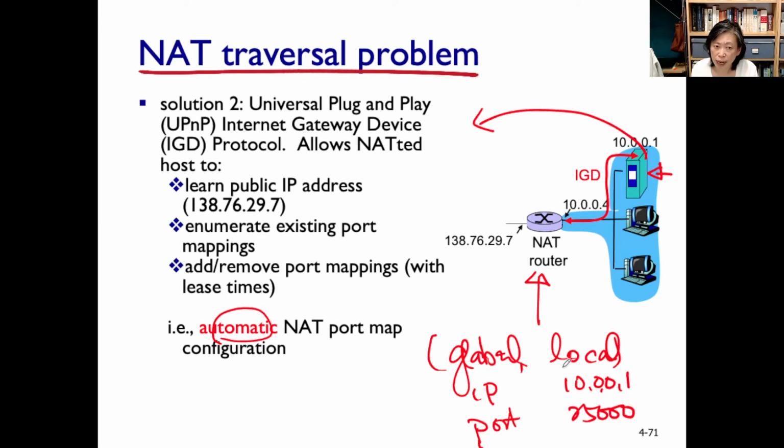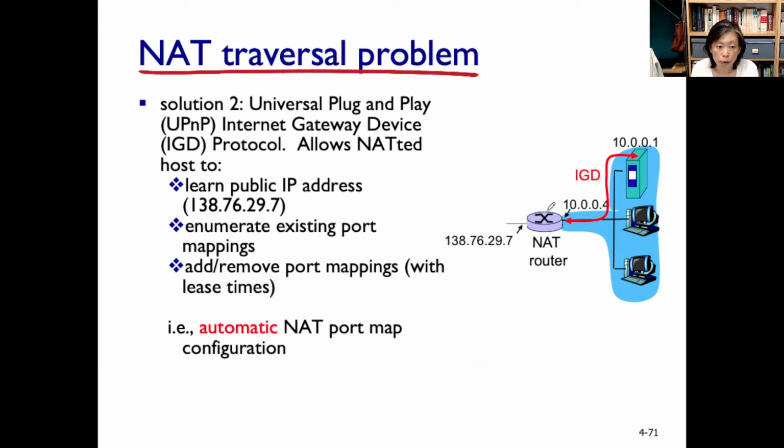So how do we do that? It's done by this protocol, the Internet Gateway Device protocol. By Internet Gateway Device, they actually mean the NAT box. Both the NAT box and the server box, to support IGD, need additional software implemented. Between this software at the server box and this software at the NAT box, messages are exchanged.